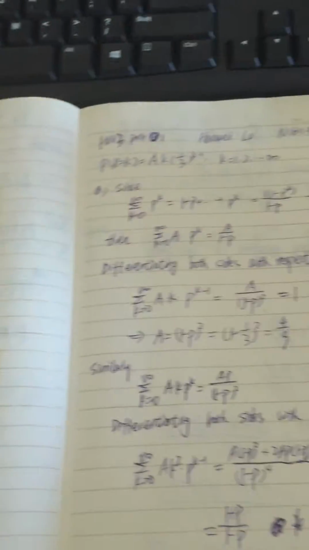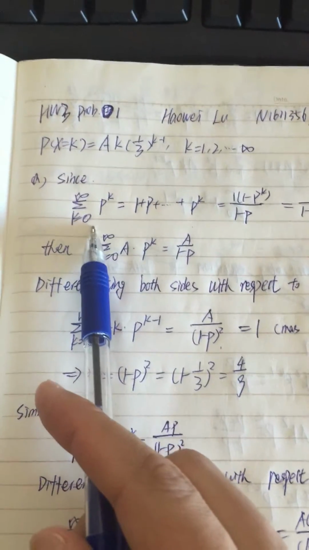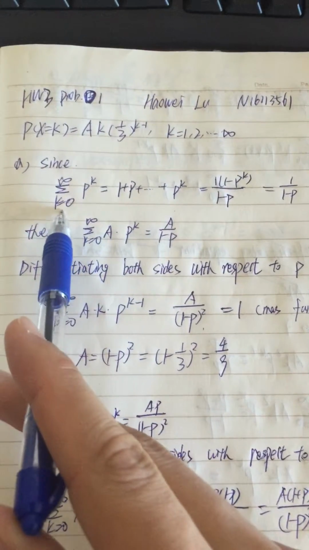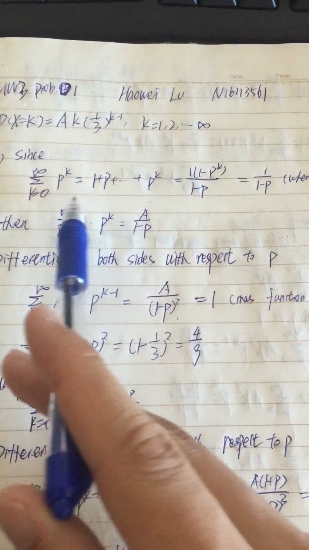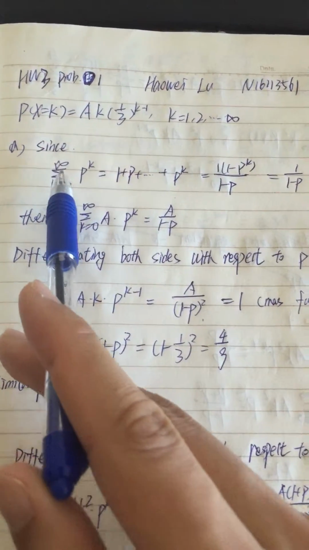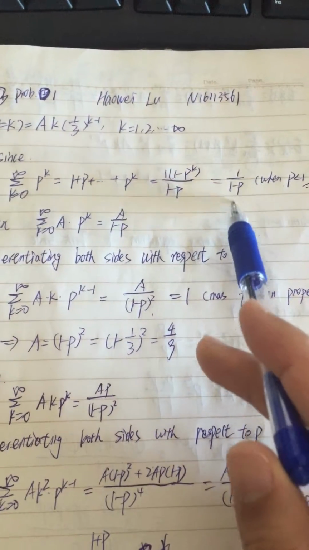So for question A, we have this general geometric progression equation, and according to this we get the sum from k equal to 0 to infinity of p to the k is equal to 1 over 1 minus p.